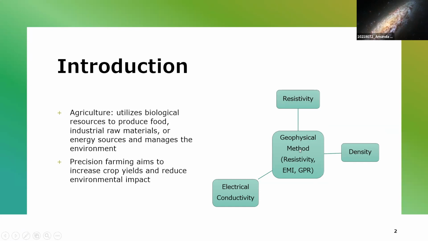The geophysical methods often used for agriculture applications are the resistivity method, the electromagnetic induction method, and GPR or ground penetrating radar.